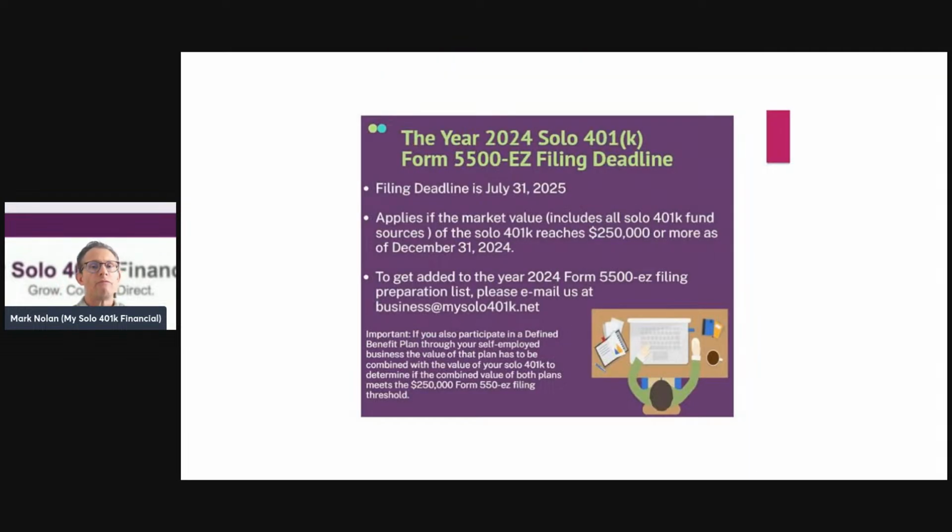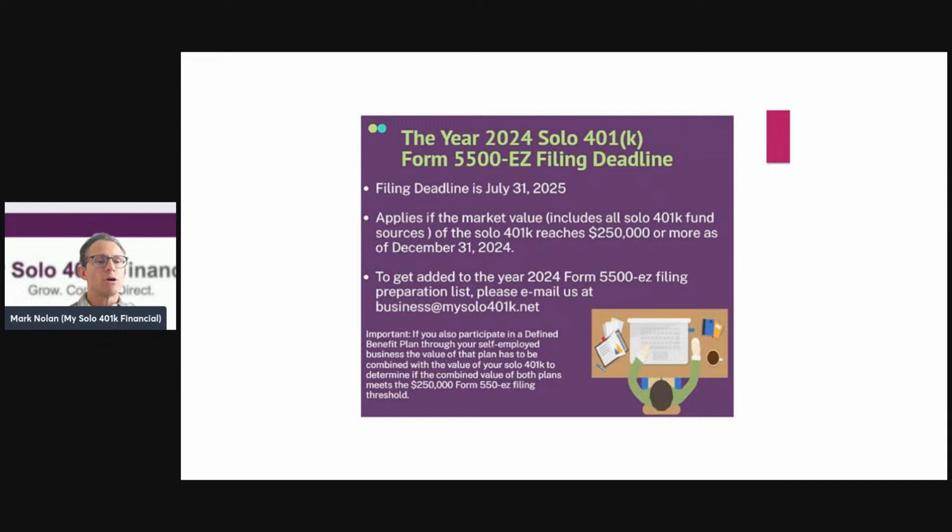Form 5500-EZ applies to solo 401k plans once the market value of the plan is greater than $250,000 as of the end of the plan year. To determine that, you have to look at all the funds in the plan. So let's say you have Roth, pre-tax, and after-tax funds in your plan.